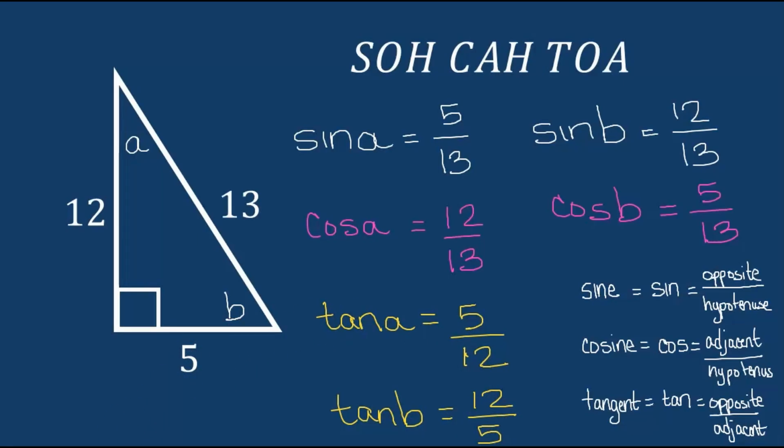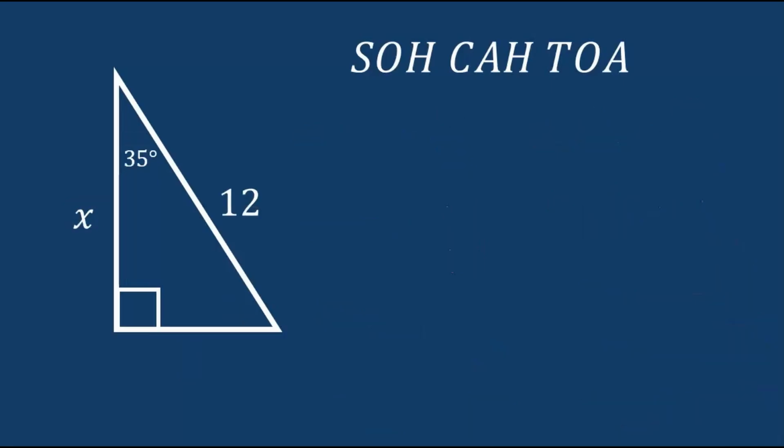Let's go ahead and put these trig ratios to work. In this example, we have an angle of 35. I like to tell my students to always orient to that angle. If you're working on a piece of paper, it's helpful to have a highlighter and highlight the angle that you're oriented to. That way, we can identify what other information we're being given.